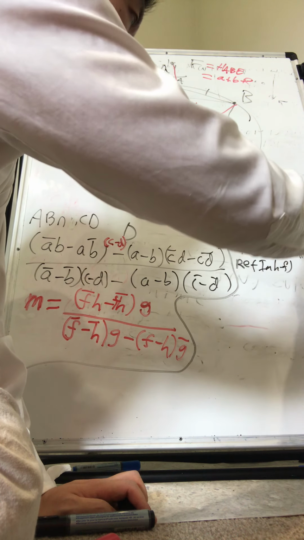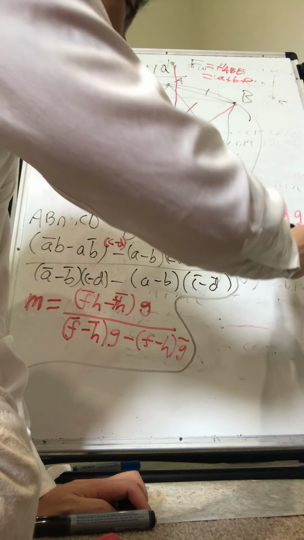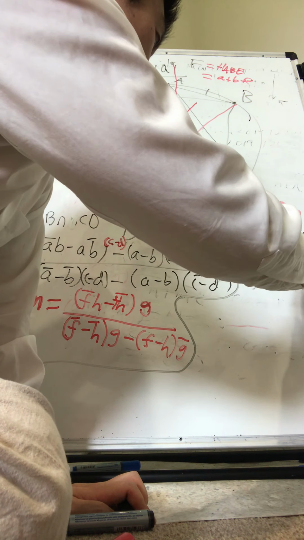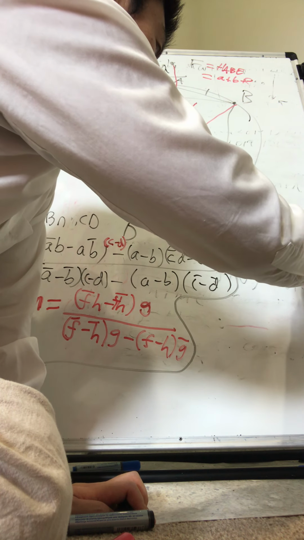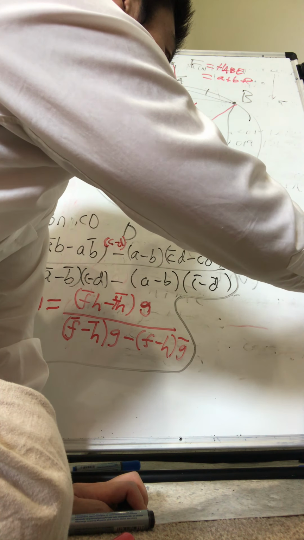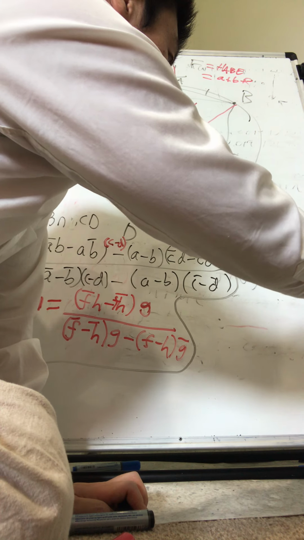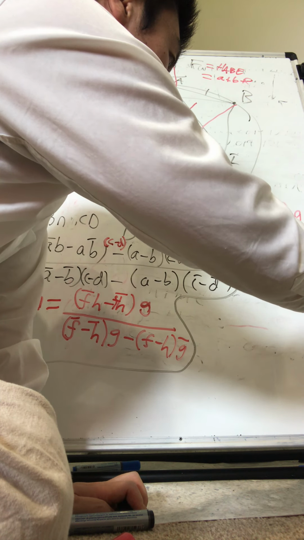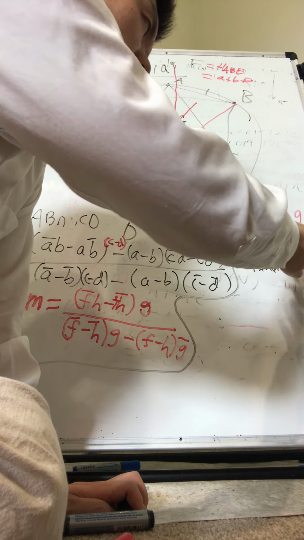So times the first thing by imaginary h minus f. Okay, so you get plus mu something equals lambda real g imaginary h minus f, yeah? Okay. And then you times the second thing by real h minus f.